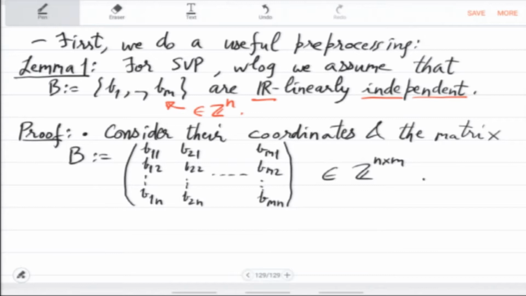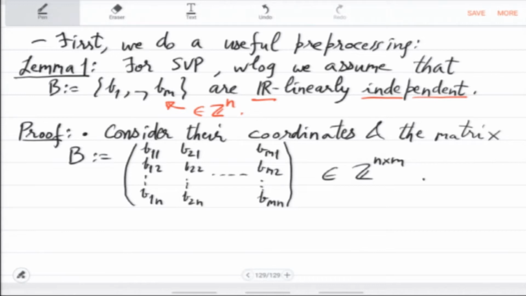Remember that right now m in this question may be less than n, equal to n, or greater than n. These were just given vectors, so m can be anything, but we will simplify it. The way we will do it is a modification of column operations.